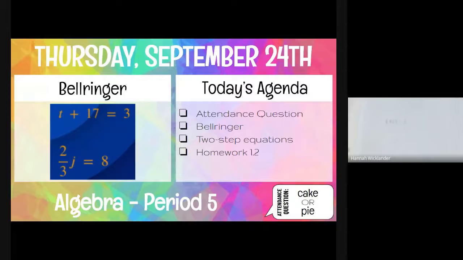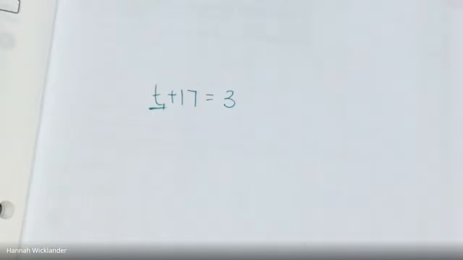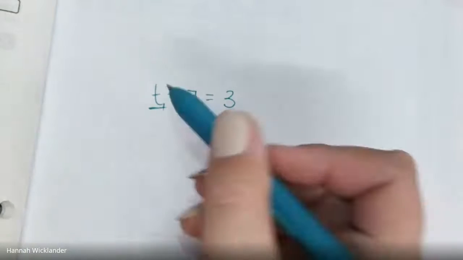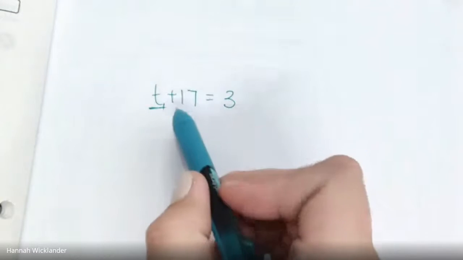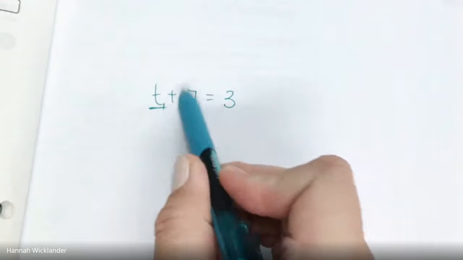Okay, so t plus 17 equals 3. I want to isolate my variable and get it by itself. So let me stop sharing this so my screen's bigger. Okay. I want to isolate my variable and get t by itself. So in order to do that, I have to get rid of the 17.